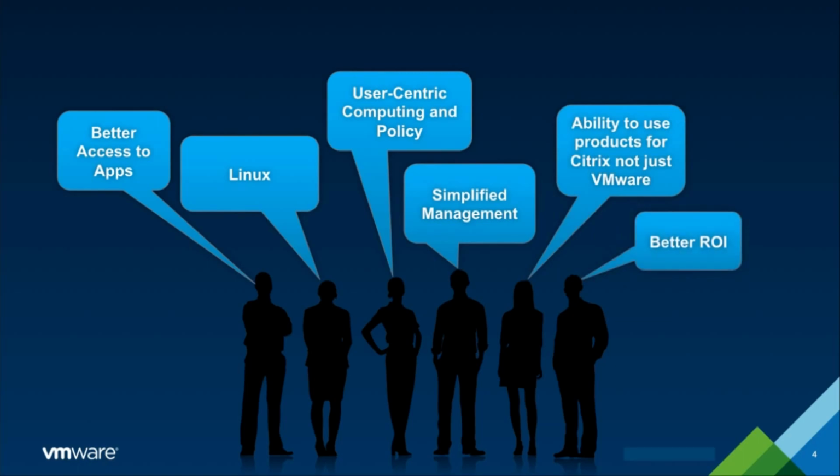There's been a ton of changes inside of the Horizon and end user computing platform here at VMware, but today we're going to focus really inside of operating systems, user-centric computing, as well as management and access.